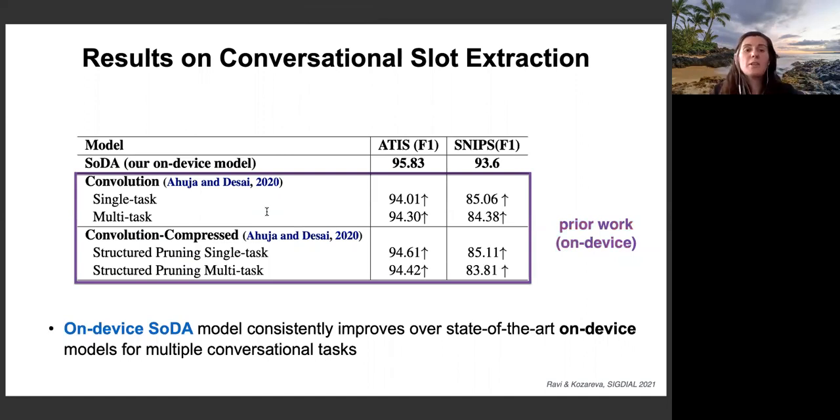So if I double click on what people did specifically in 2020, the latest work that was done for all of these on-device models, right? And Desai is especially looking into that, and he's doing different things. He's taking convolution, compressing convolutions with different models, doing structured pruning, pruning the network and pruning the outputs, right?